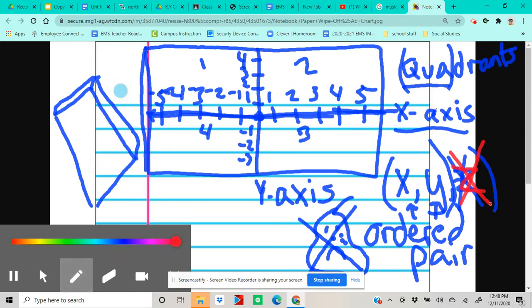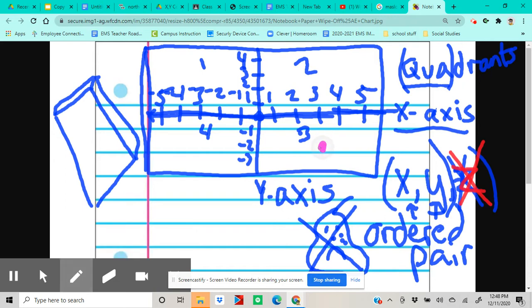So I have my ordered pair X and Y. These are exact positions which I would add to a graph. If, for instance, I choose this spot, I would first go over 1, 2, 3, comma, and then down 1 and 2, giving this the address of 3, -2 for this spot.